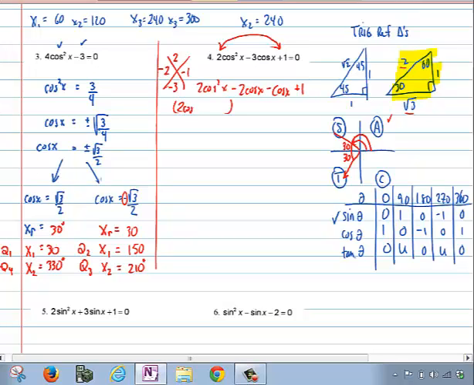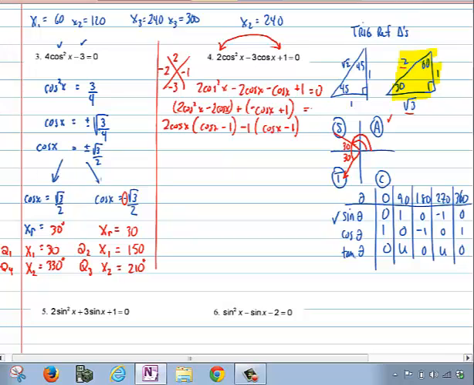So you have 2 cosine squared of x minus 2 cosine of x, and then I'm going to do plus negative cosine of x plus 1. I'm going to take out what's common to both. In the first one, I have 2 cosine of x coming out, and that will be cosine of x minus 1. In the other one, I'm going to factor out a negative 1. And I'm going to have just cosine of x minus 1 for the second term.